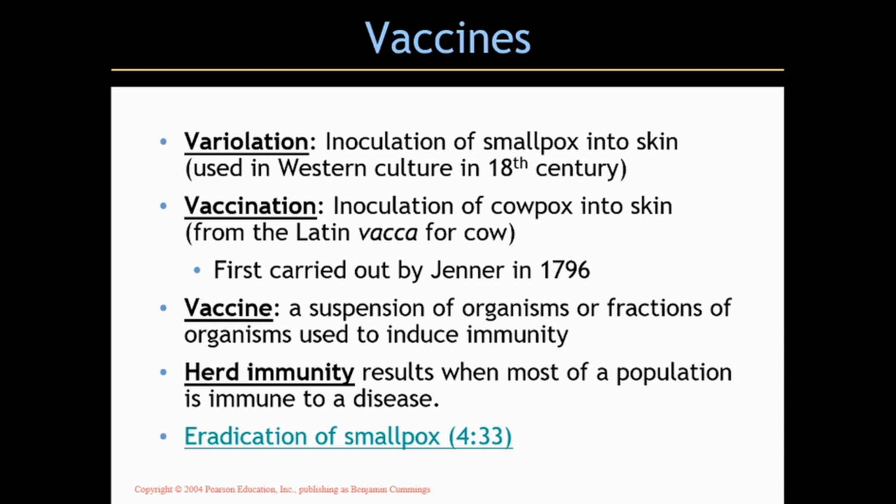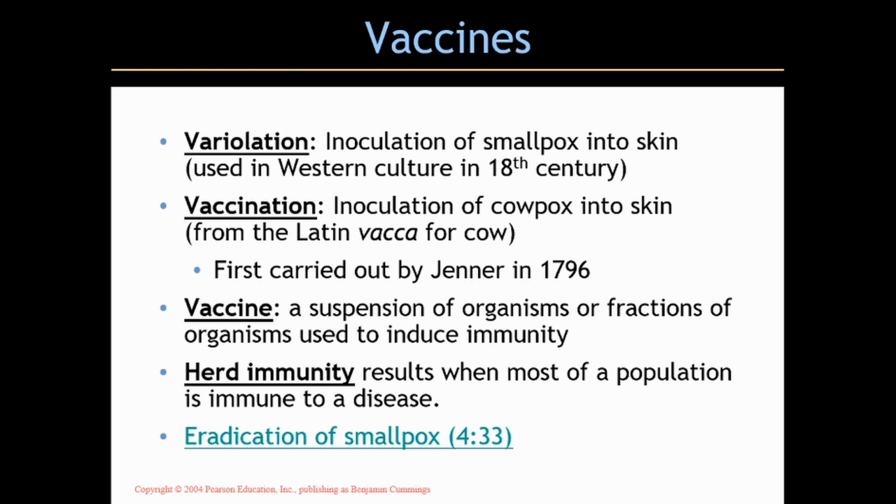And the reason why we achieved herd immunity was because of the incredible success of the measles vaccination, the MMR trio: measles, mumps, and rubella. As a result of the mass administration of the measles vaccine, the number of cases plummeted precipitously.